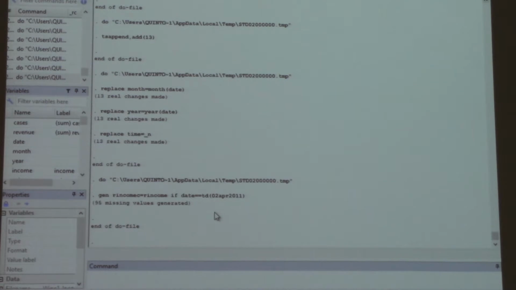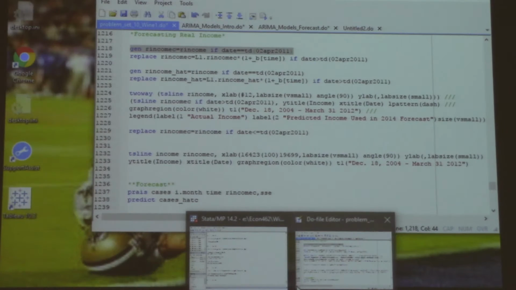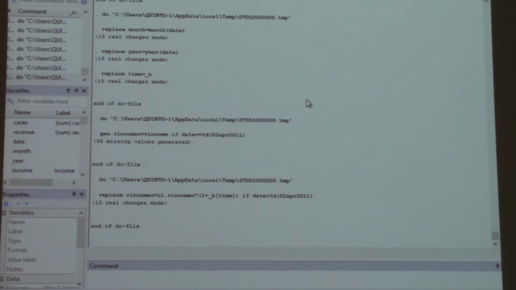What did I put at the end of it? So remember I ran the regression.